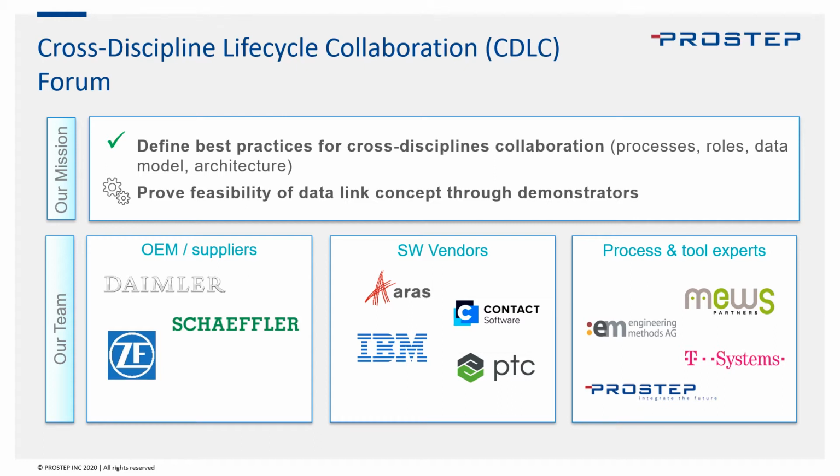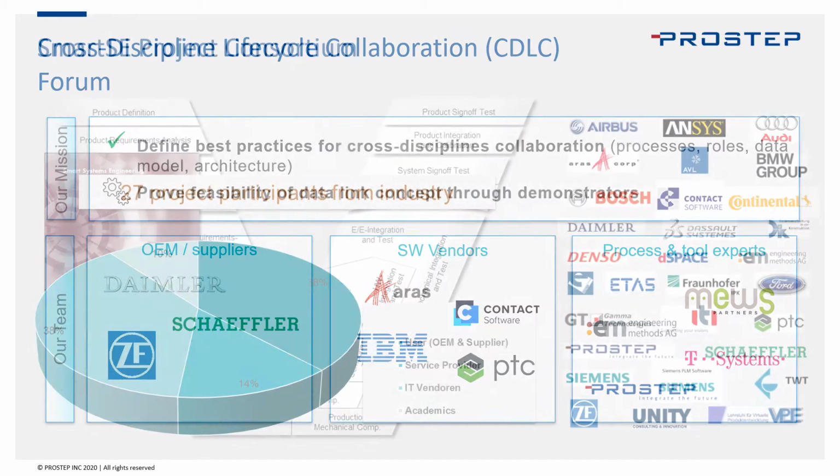And so that brought together other software vendors of different domains, and some OEM and supplier partners, and they were able to build some of these demonstrators and really work through some of the issues and also highlight some of the success there.